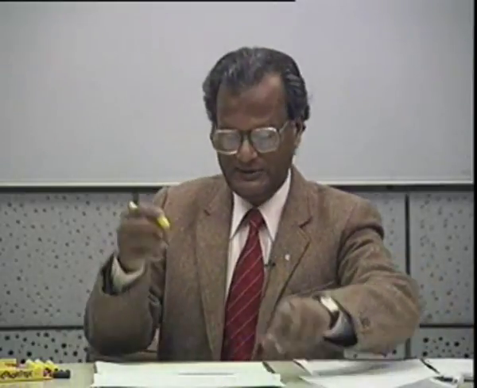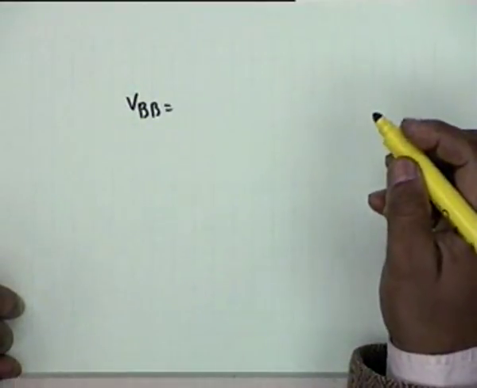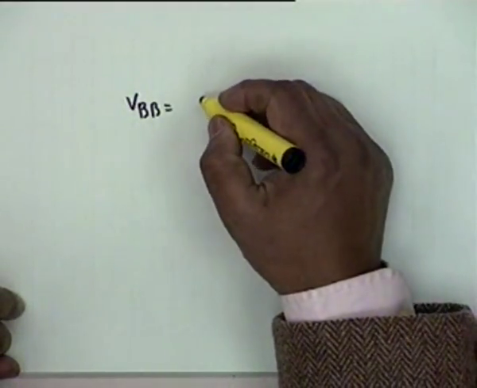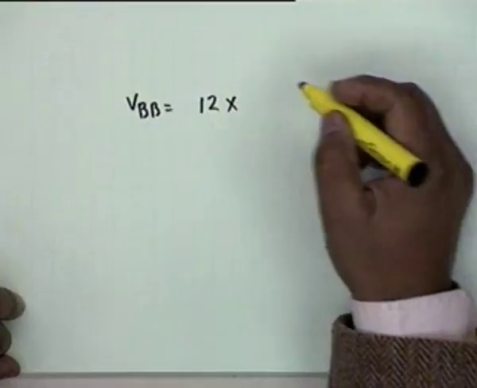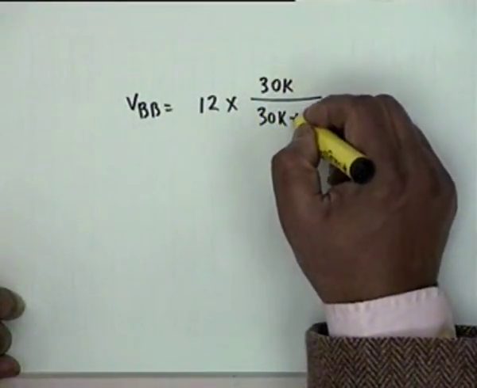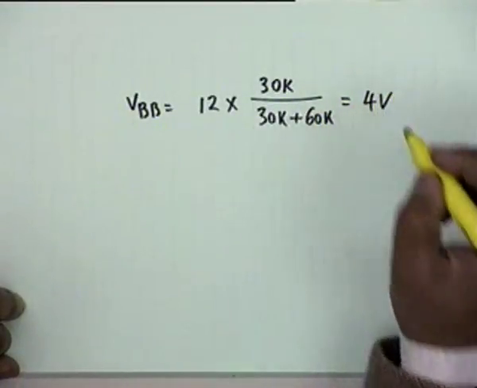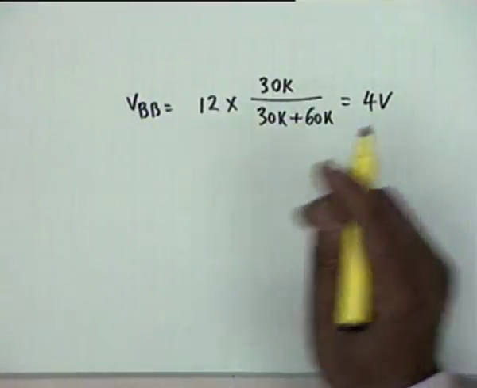Our VBB is simply 12 volt multiplied by 30 K divided by 30 K plus 60 K. So this is equal to 4 volts. Fine. This is VBB.